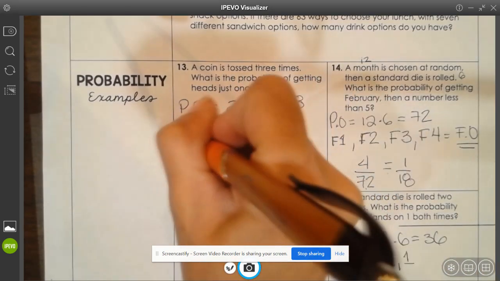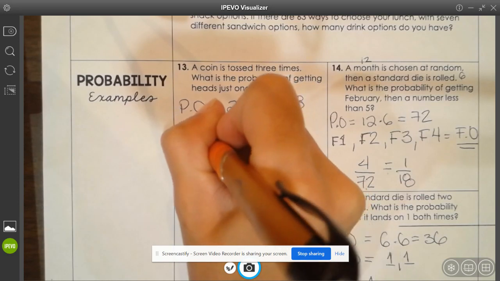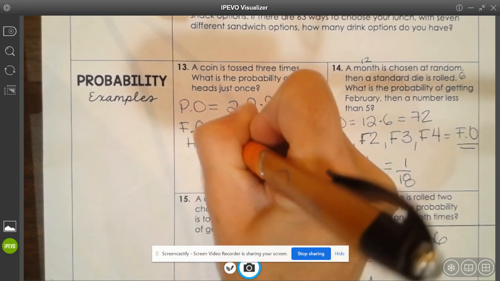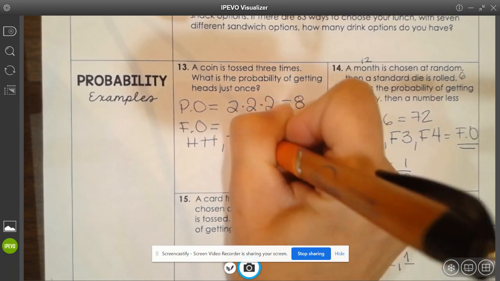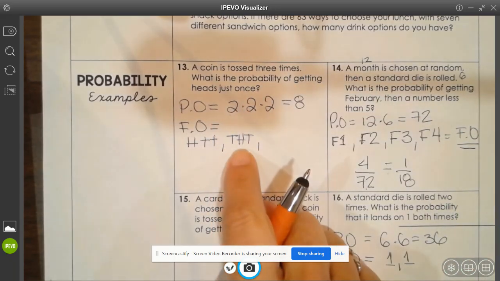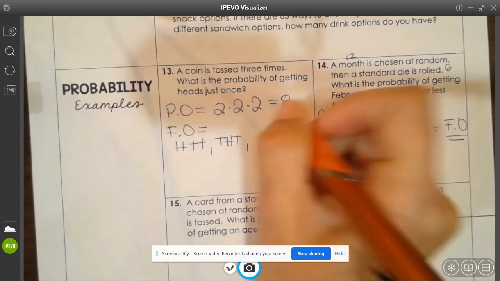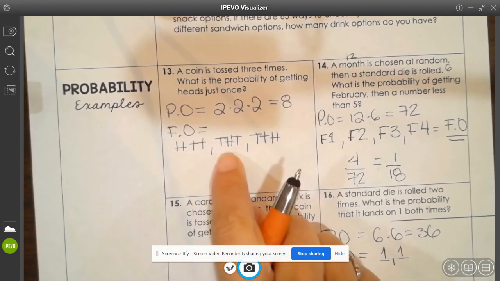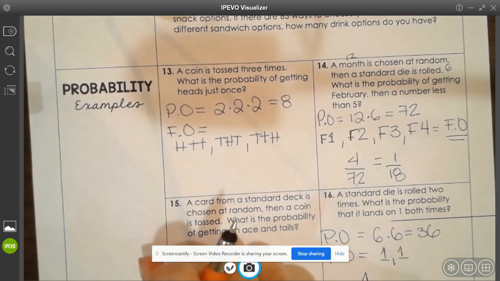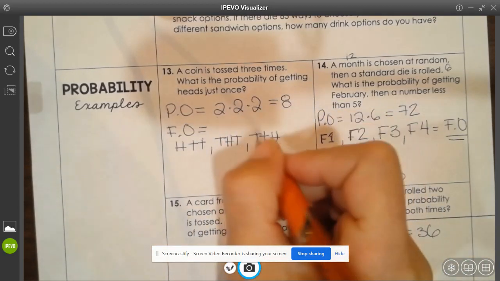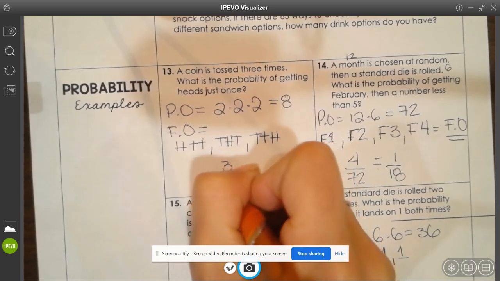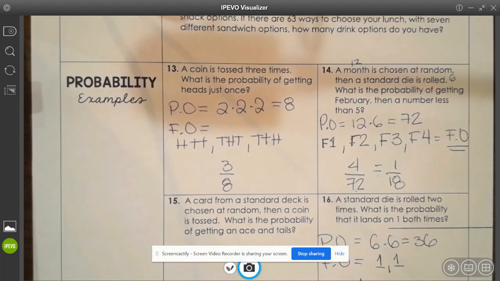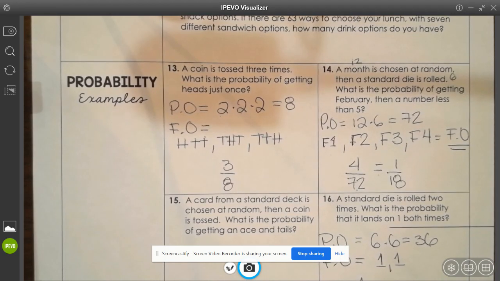You get H, heads, T, tails, T, THT, tails, heads, and tails. And then the other possibility is TTH. You see all the possibilities here that you can get. And how many possible ways are there? That's 3 over 8. Okay, and that's it. All right, I hope this helps.